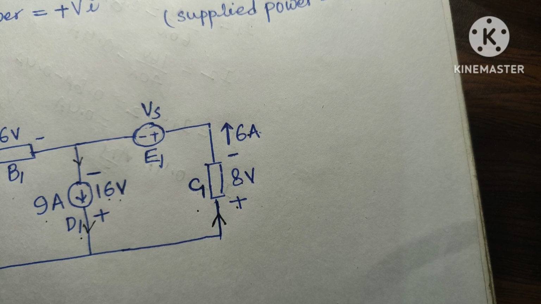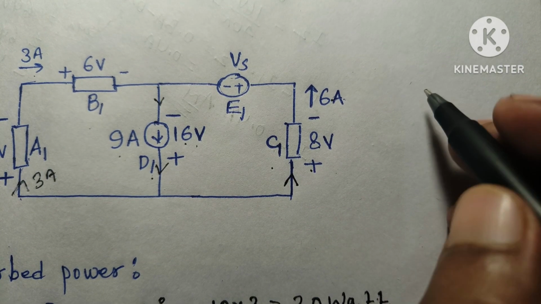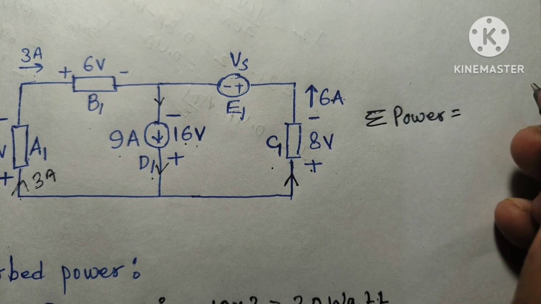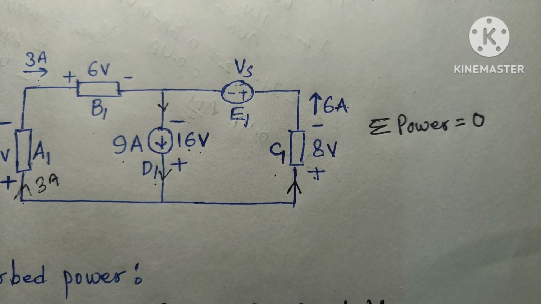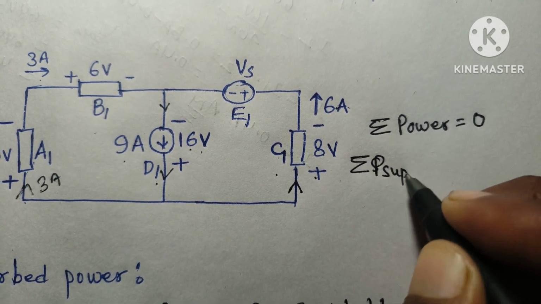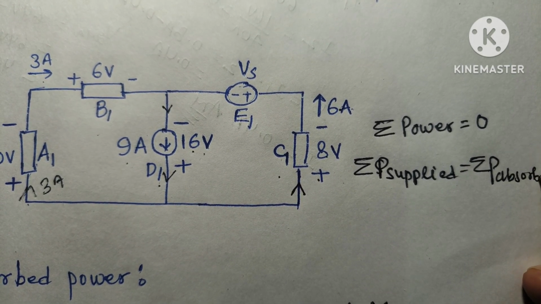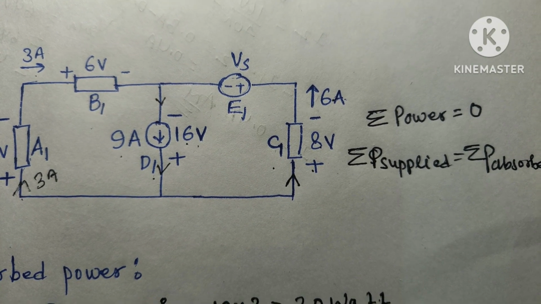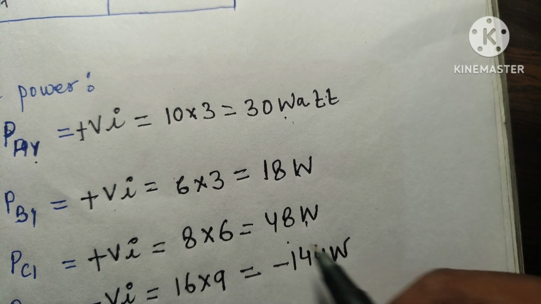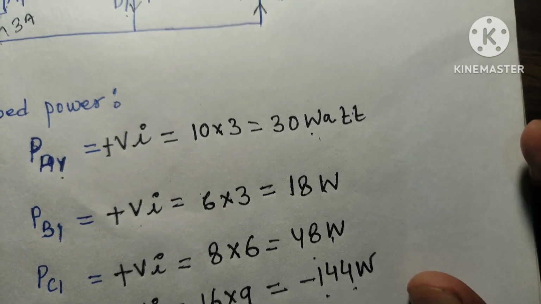As we know, by conservation of energy, the total power in a circuit will be equal to 0, or we can say the summation of supplied power is equal to the summation of power absorbed. So in this question we can see that 30 watt, 18 watt and 48 watt are the absorbed power, and 144 watt is the supplied power.